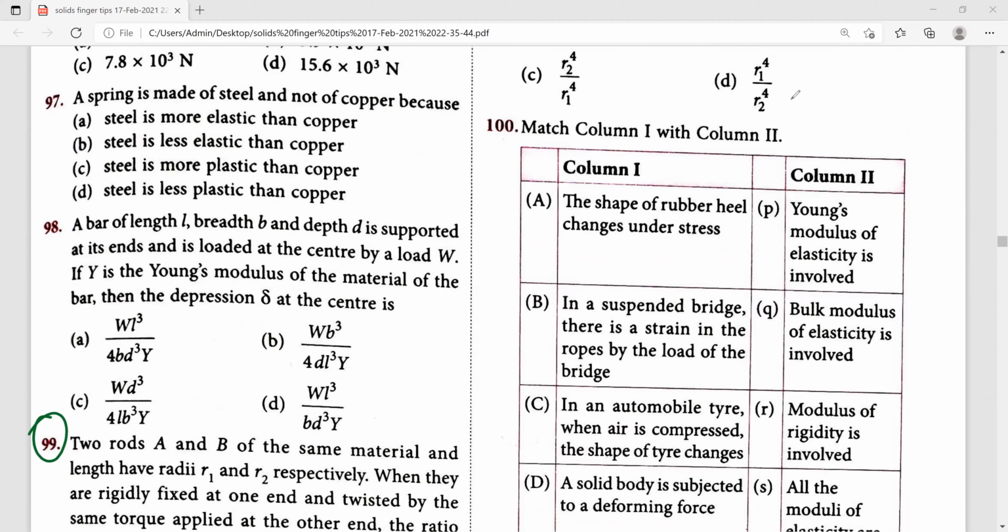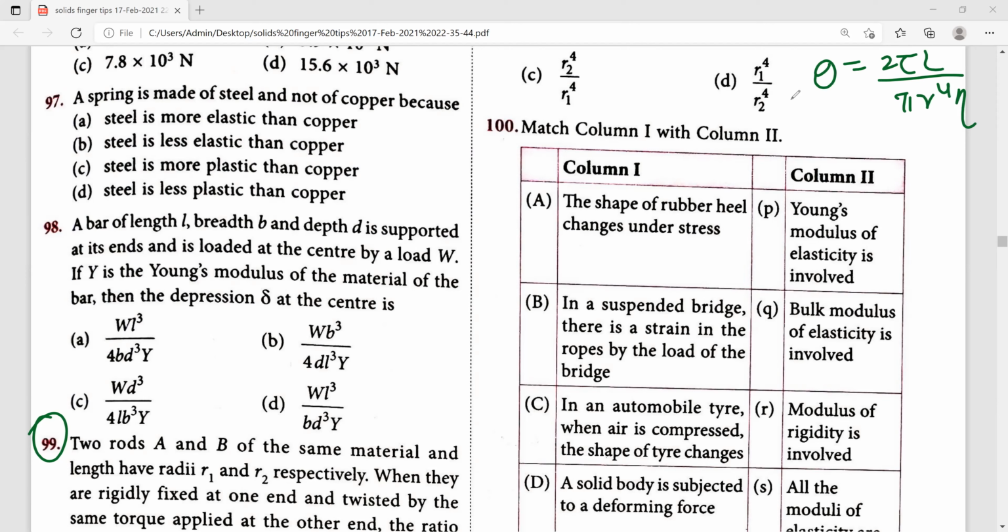A rod of length L, radius R is fixed at one end and twisted by applying a torque at the other end. Then the angle of twist is given by the formula theta is equal to 2 tau L divided by pi R raised to 4 into eta. What is eta? Shearing modulus of the material of the wire.